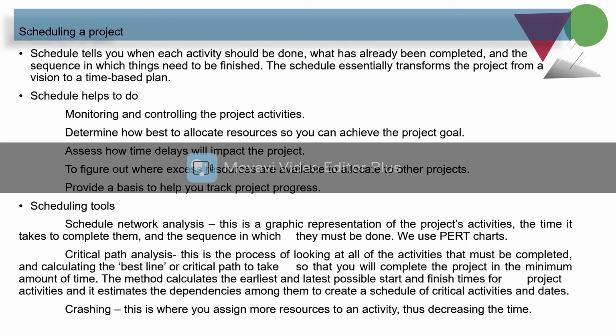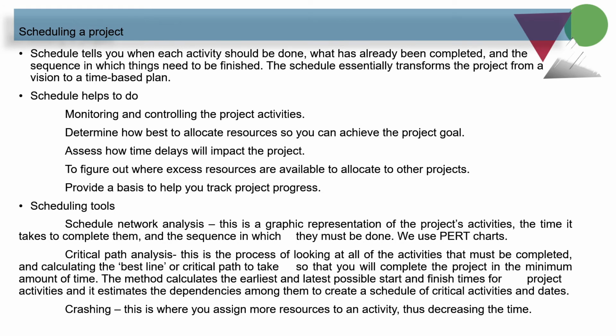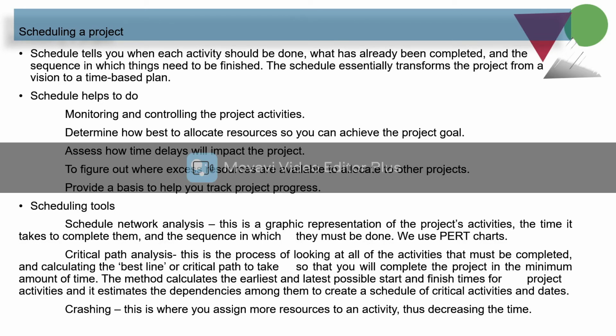And then the critical path method, this is the process of looking at all of the activities that must be completed and calculating the best line or critical path to take, so that you will complete the project in the minimum amount of time, and the method calculates the earliest and latest possible start and finish times for a project's activities, and it estimates the dependencies among them to create a schedule of critical activities and dates.